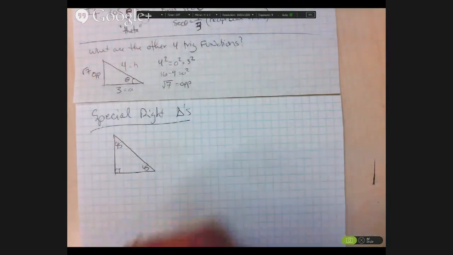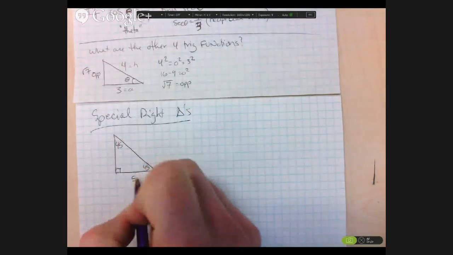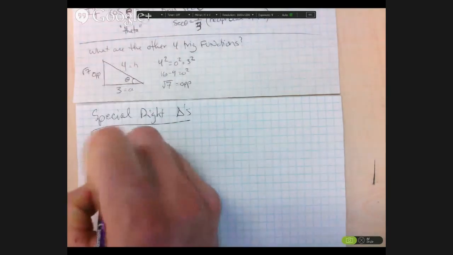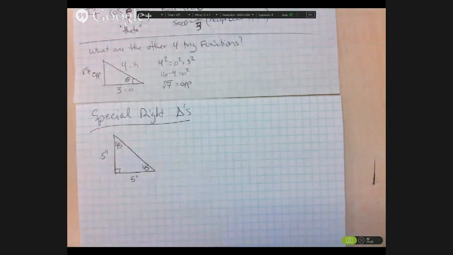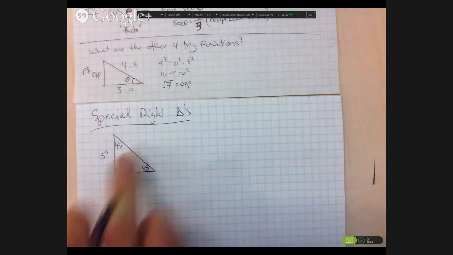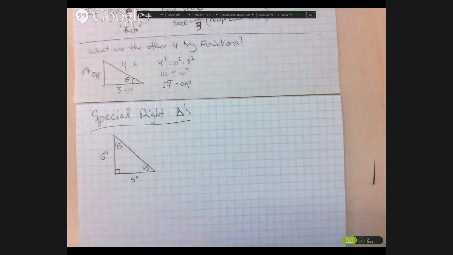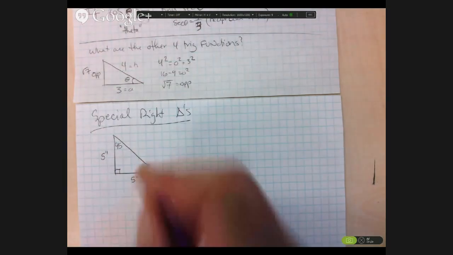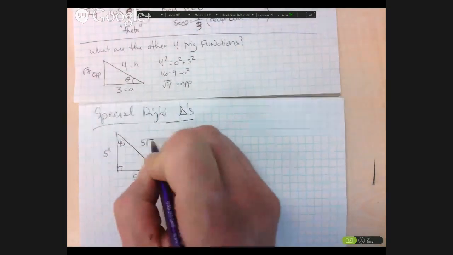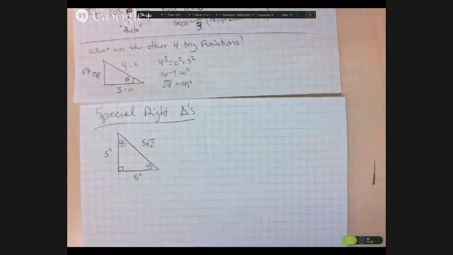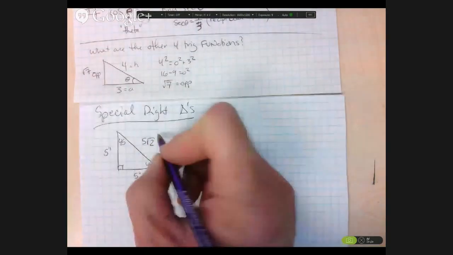We know this. If that's 5 inches, so is that one. Does anybody remember the ratio for the hypotenuse? You can use the Pythagorean theorem here, or you can just know that it's whatever times root 2. 5 times the square root of 2.